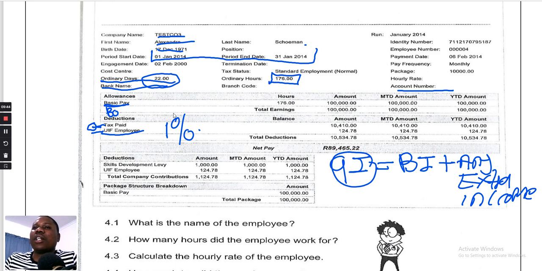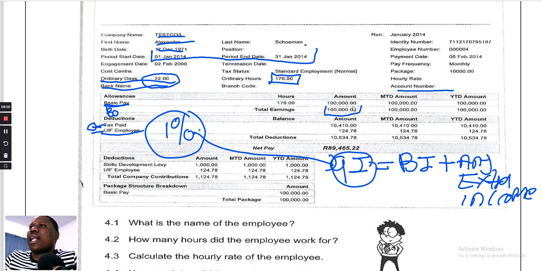Let's move on. So this UIF is calculated always as 1% of the gross income. So now our gross income is 100,000.